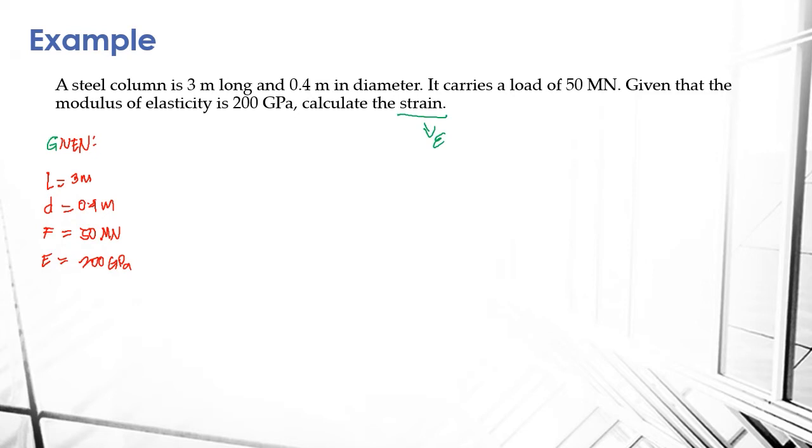So unsa atong una kuhaon para makalculate natong strain? Syempre kuhaon nato ang elongation, di ba? Before nato makuha ang elongation, kailangan nato area. Ang last nato nga kuhaon is ang strain, epsilon.